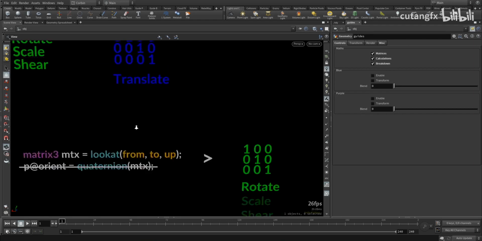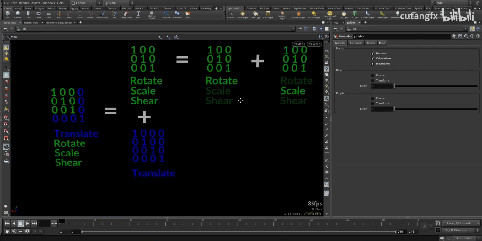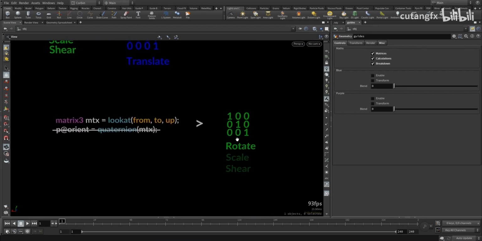Now this is only a 3 by 3 matrix where all of the scale values are left at default. So if you applied that matrix, you would get rotations, but no scaling because scaling is set to 1. So this only returns a rotation matrix.